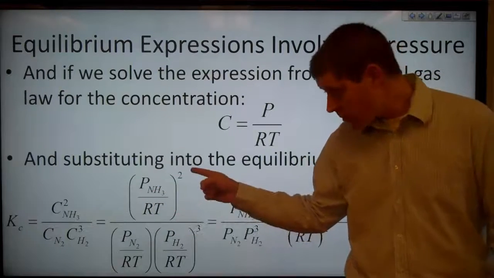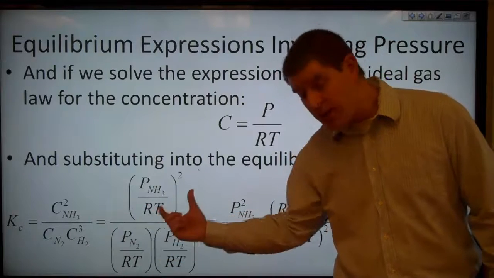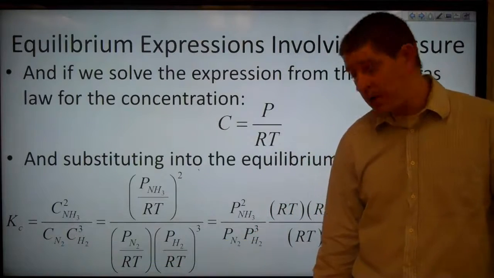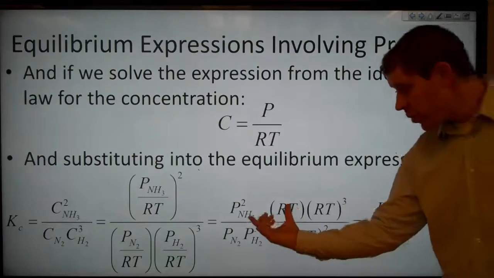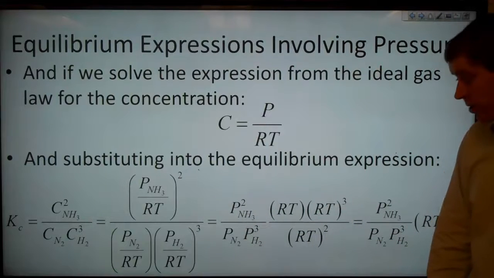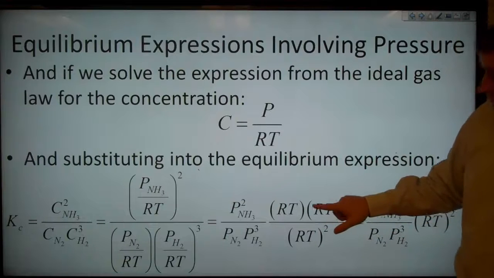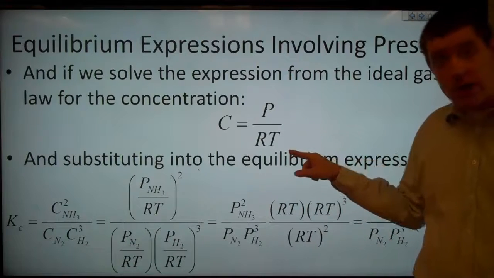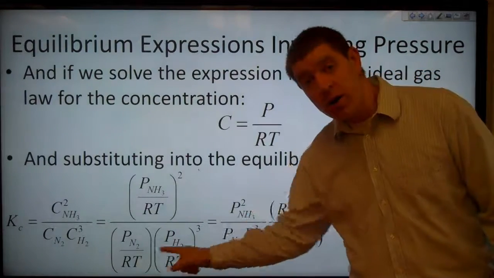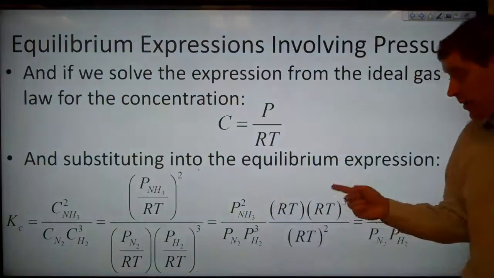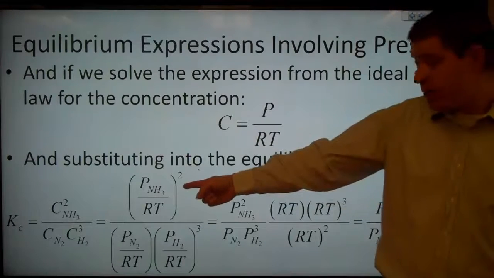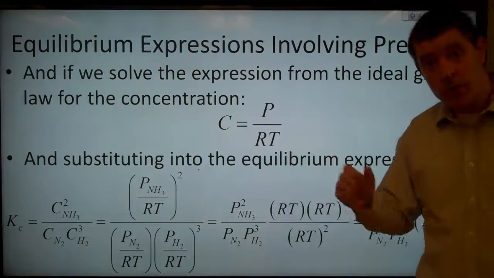But now notice that we have pressure divided by RT. In this case, it happens to be squared. We've got that divided by a pressure divided by RT. All of our pressures are going to be divided by RT, which means that we can group together all of our pressures and we can group together our RT terms. Because we've got 1 over RT for each of our pressures, we're taking the RT terms from the denominator and placing them in the numerator, removing the inverse.